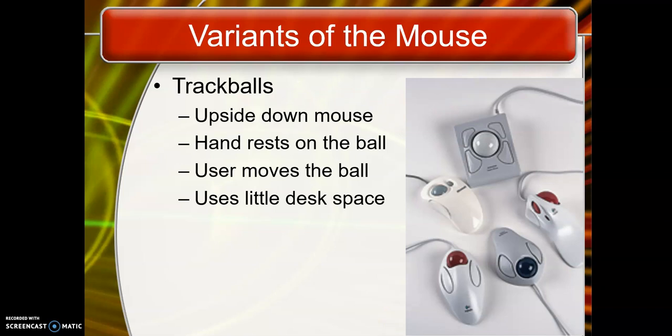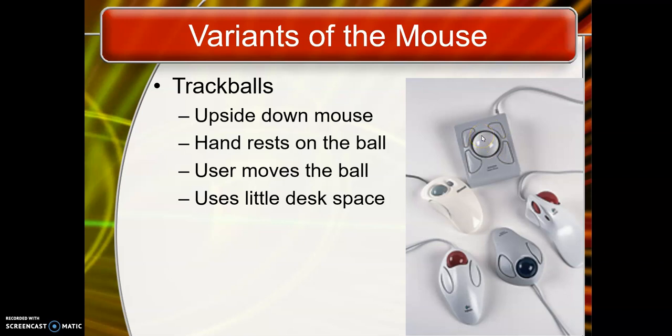So among the different variants, we see that the trackball is one of the variants of the mouse. The best example for a trackball I can present is the CT scan, a medical equipment that is used for medical scanning. A trackball is installed on the CT scan device, and that is just similar to this one. The roller ball is above the surface.